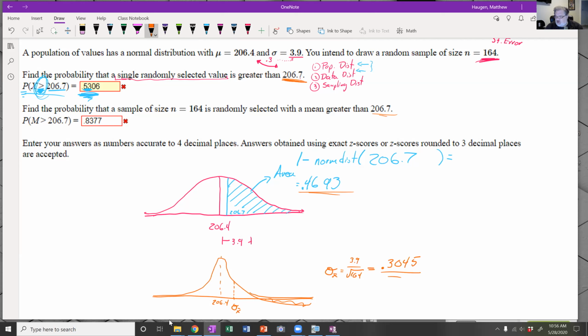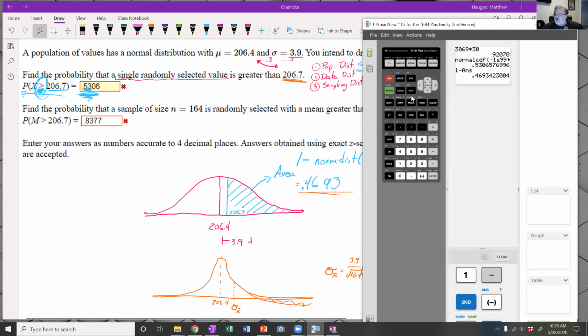But we're going to do the same thing: 1 minus the norm just at the 206.7. The only difference is the standard deviation we're going to use.